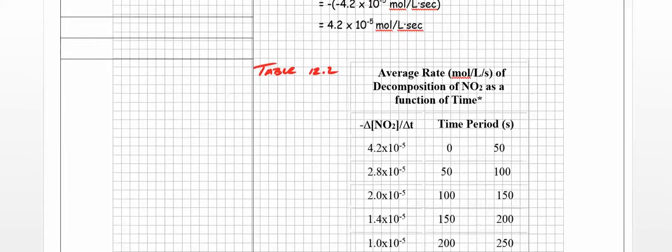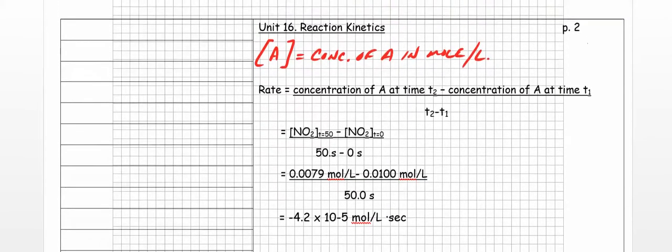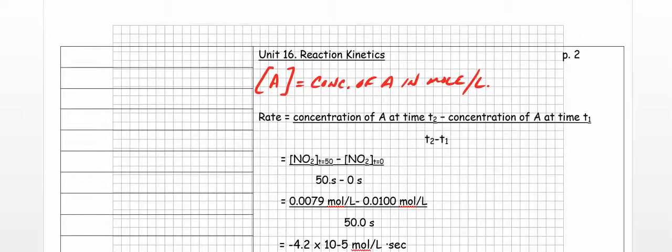Let's think about this. Remember that the reaction we have is NO2 decomposing into NO plus O2. NO2 was decomposing, NO was being formed, and O2 was being formed as well.